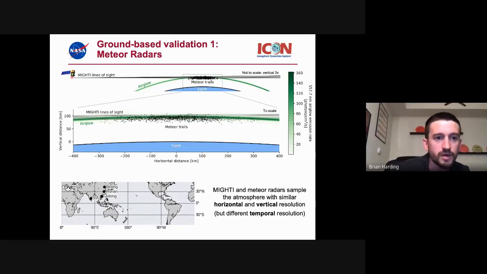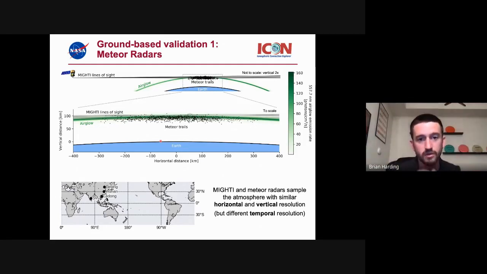So first with the meteor radars, for those that aren't aware, meteor radars measure winds by just taking advantage of the constant flux of meteors that impact the atmosphere every day. The plasma trail that's left behind when the meteor passes through and ablates almost immediately begins drifting with the neutral wind. And by bouncing radio waves off of it and measuring the Doppler shift, you can get some idea of the line of sight component of that wind.